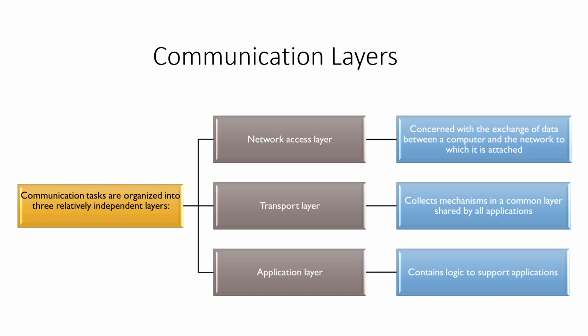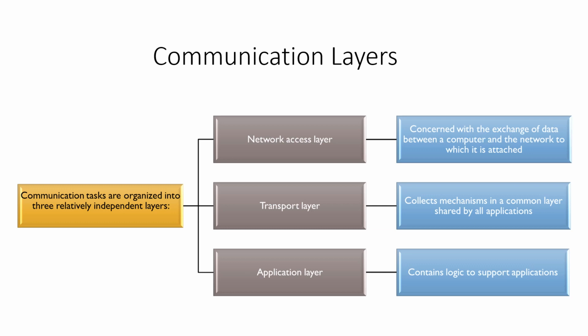For this to work, the address of the destination computer must be known so that the data can be routed to the destination computer. The transport layer is responsible for end-to-end communication over a network, and it makes sure that data can be exchanged reliably. So it ensures that the data arrives at the destination and in the order that it was sent. This is independent of the application.